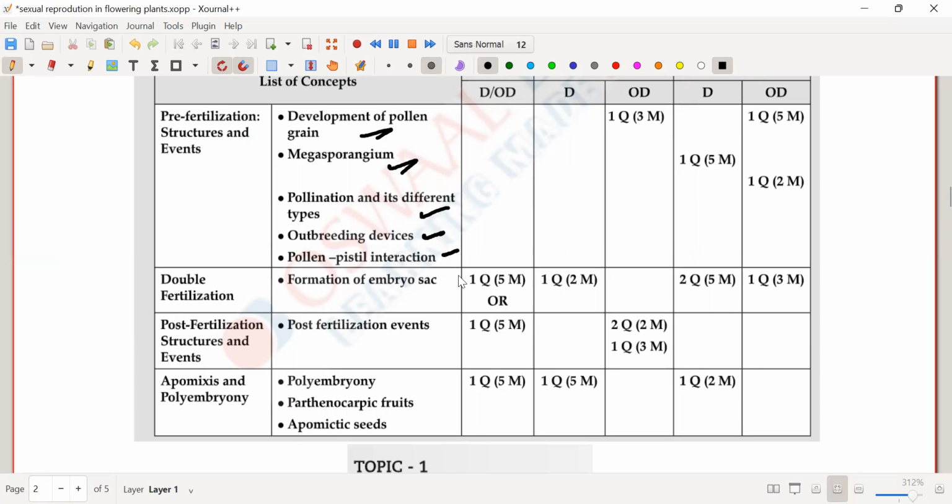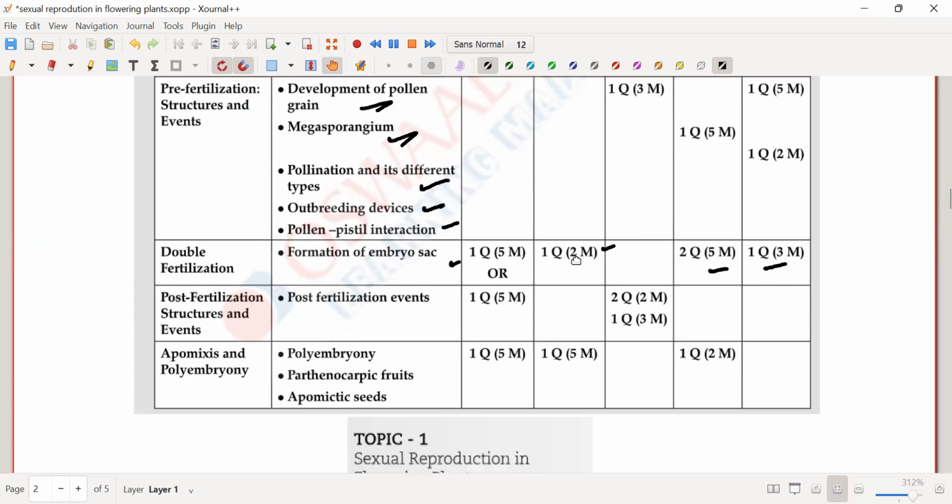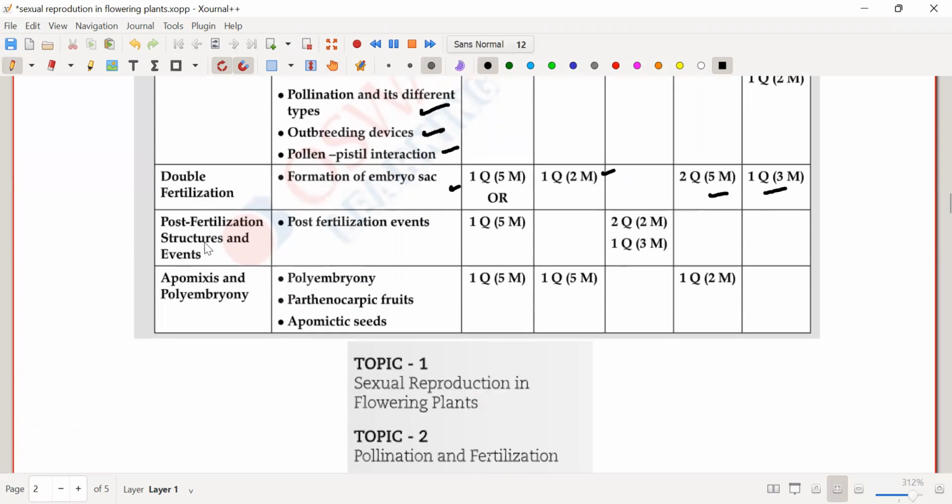Then in double fertilization, we have got 1 mark, or 1 question in 5 marks, or an either-or question. Then there is a 2-mark question which we received one time, then another 2 questions of 5 marks, and 1 question of 3 marks. These are things which we have to go through.